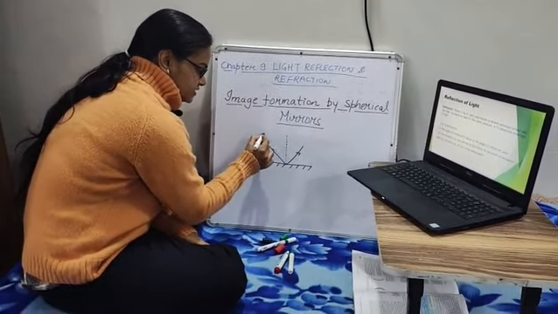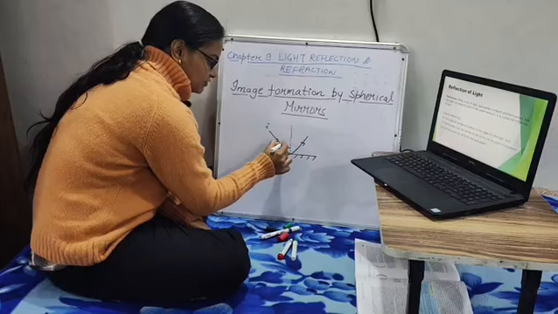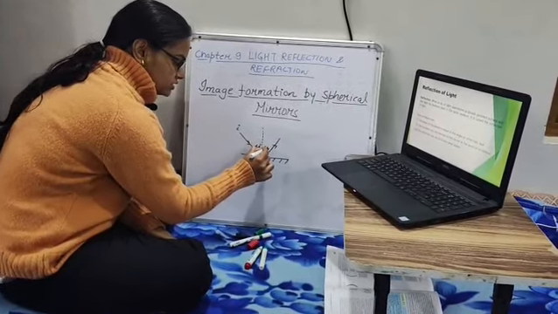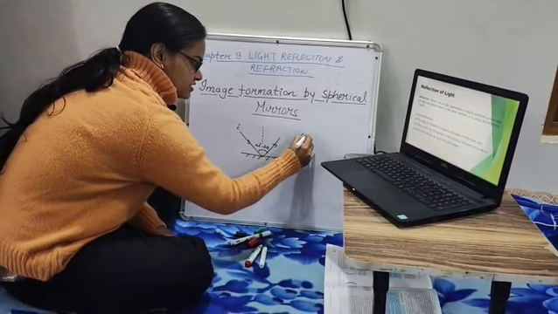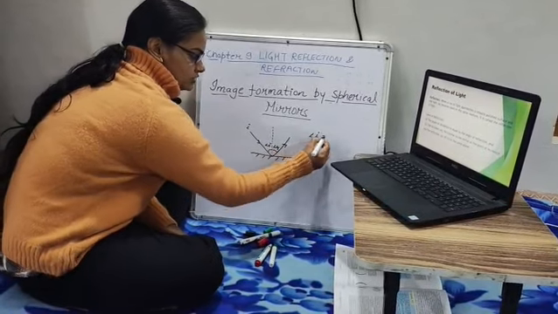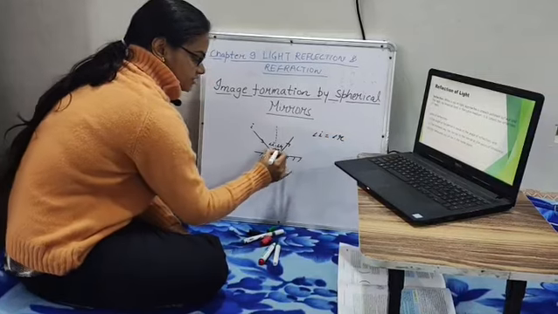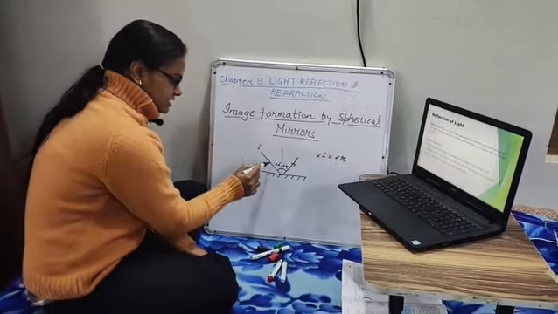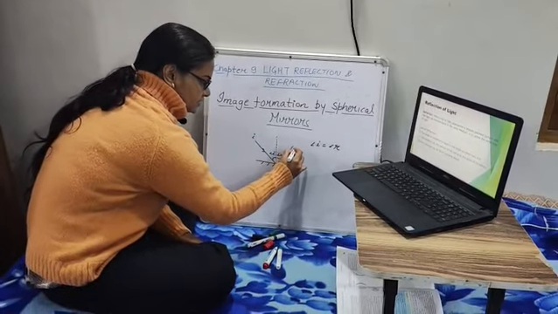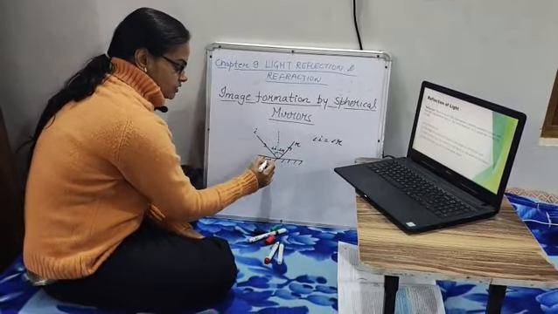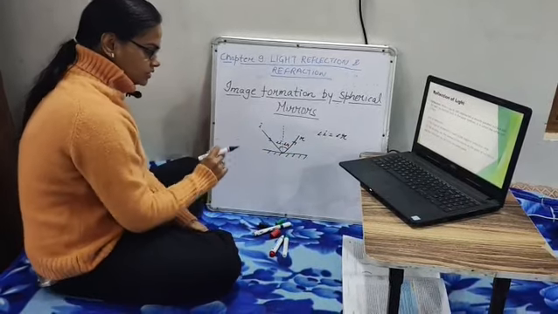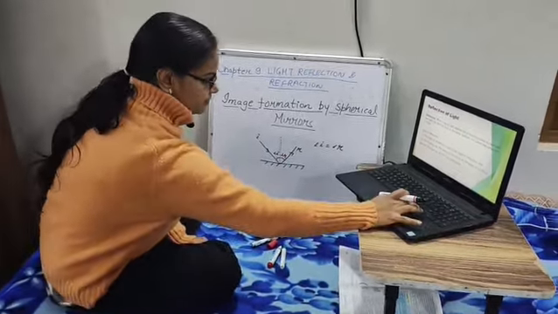Now this incident ray makes the angle of incidence. According to the first law, the angle of incidence is equal to the angle of reflection. And the second law says that the incident ray, the reflected ray and the normal all lie in the same plane. So this is the second law of reflection.